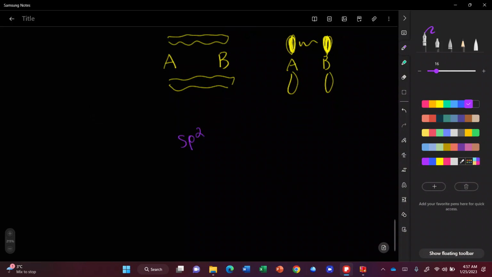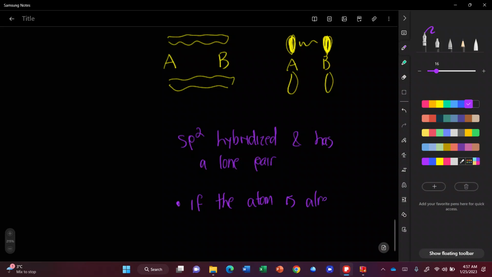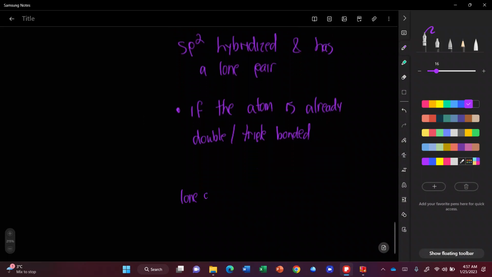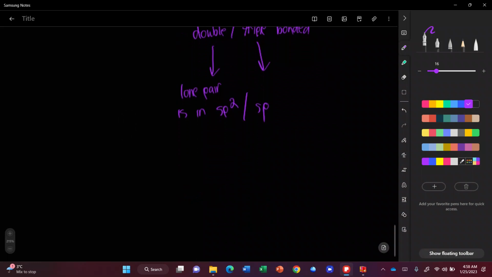So if something is sp2 hybridized and has a lone pair, okay, if the atom already has a pi bond, so if the atom is already double or triple bonded, then what that means is that the lone pair must be in the sp2 in the case of the double, or in the case of triple, must be in the sp orbital, right?